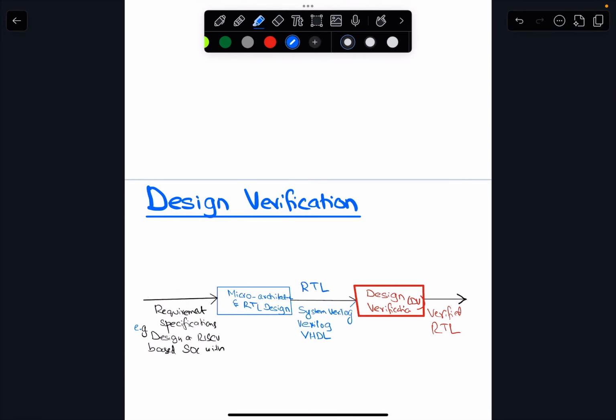So let's see that you get requirements and you build an RTL and then you hand it over to the design verification team to test it.